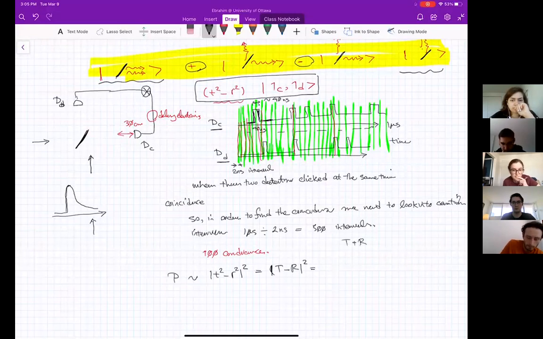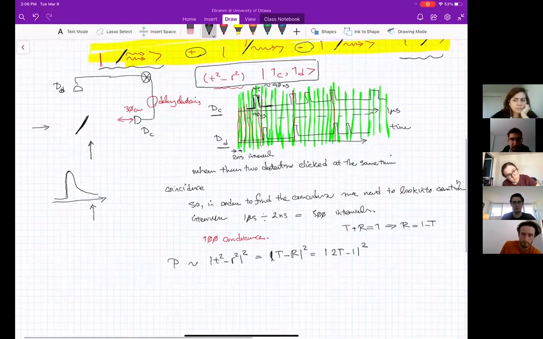R plus T is equal to 1, therefore R is equal to 1 minus T. Then that will be equal to, have I made any mistake? (2T minus 1) to the power of 2. Good.